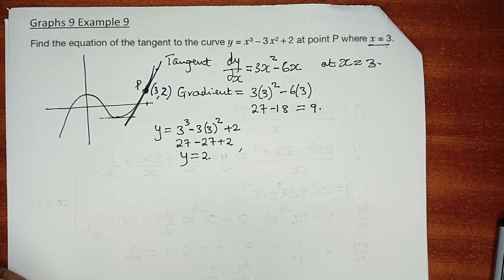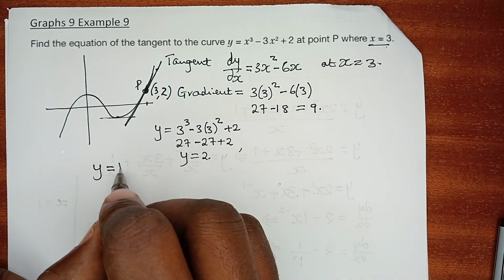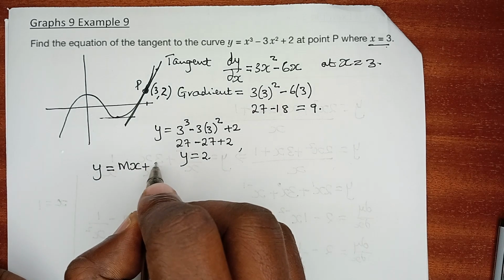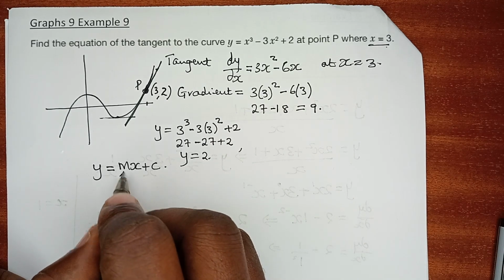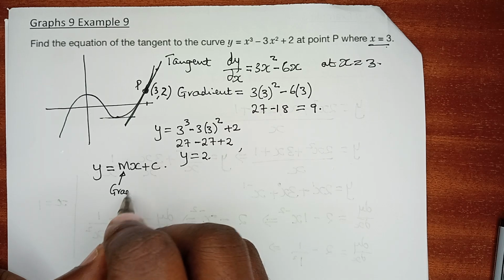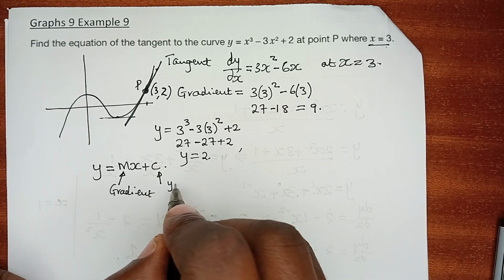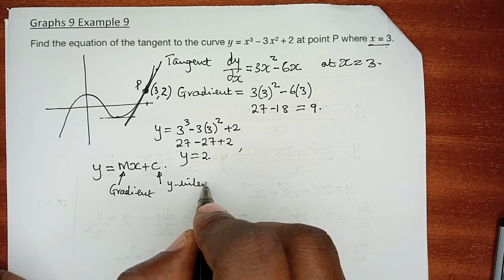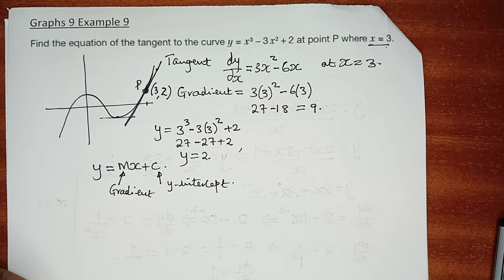Now, we all know that the equation of a straight line is generally given as y equals mx plus c, where m is the gradient and c is the y-intercept.